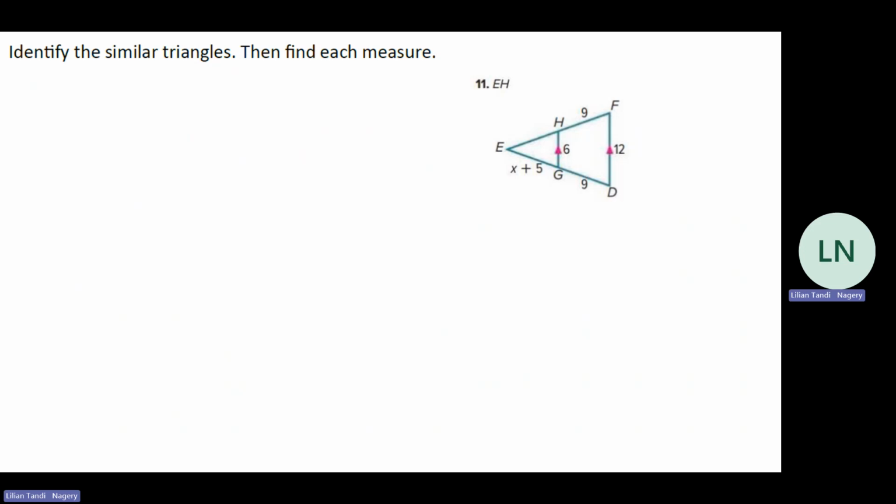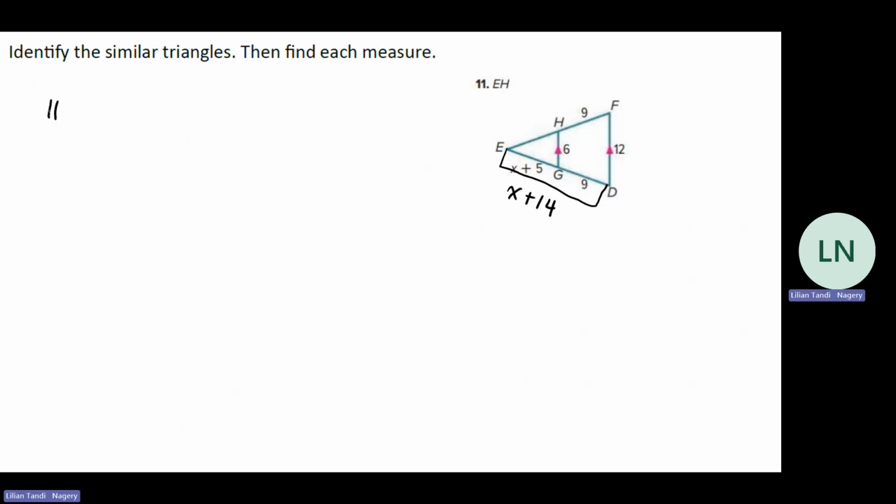So let us answer this question. Okay. So from here to here will be x plus 14. Okay.